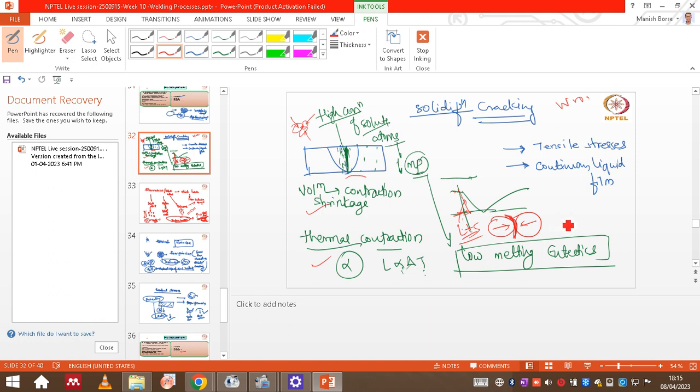As I said, this material has some solute concentration, and let's say in the case of aluminum copper alloys, or even aluminum zinc magnesium alloys, there are certain low melting eutectics which are present here near the boundary.